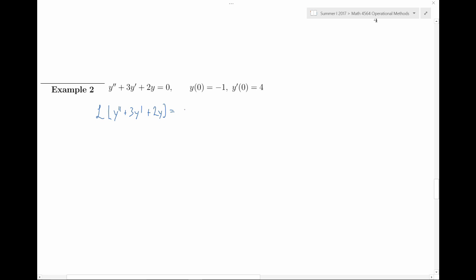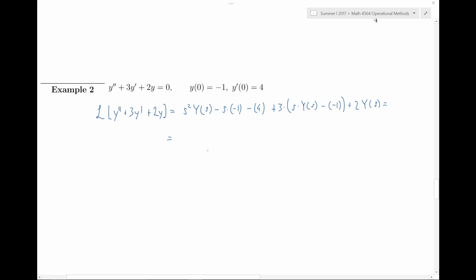And that's going to be s squared Y of s minus s times the initial condition at 0 minus the initial value for the derivative, plus 3 times s times the Laplace transform of y minus the initial condition for y at 0, plus 2 Y of s.